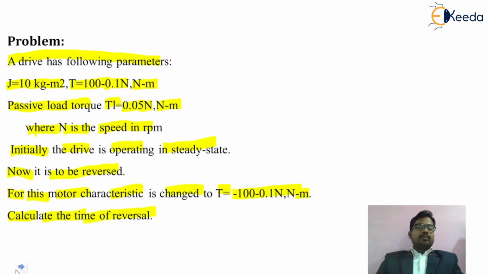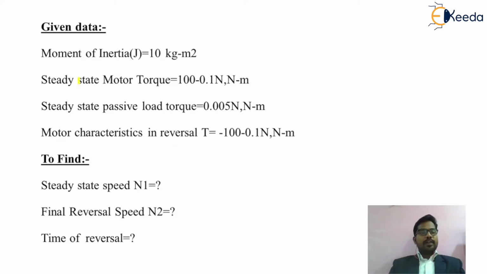Okay, so friends, first of all let's understand the given data of the problem. In the given data we have the value of the moment of inertia. The indication of the moment of inertia is J. The value of the moment of inertia is 10 kg meter square.